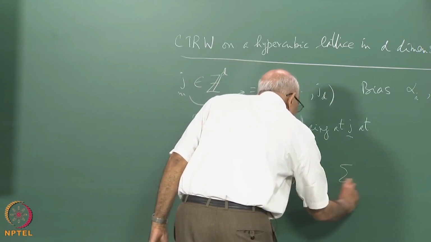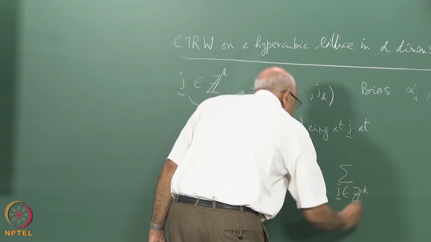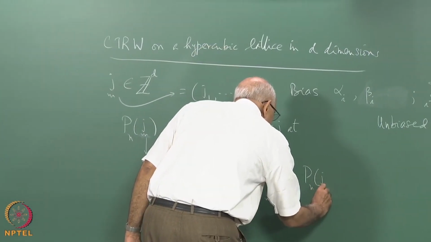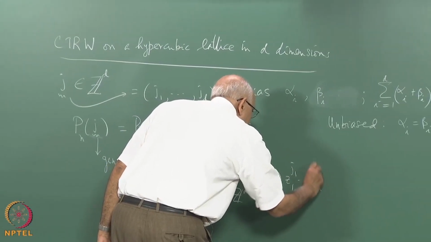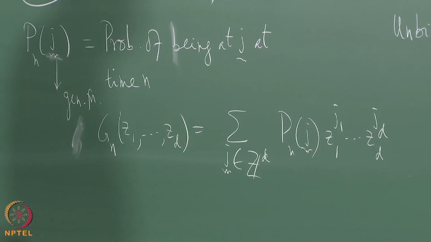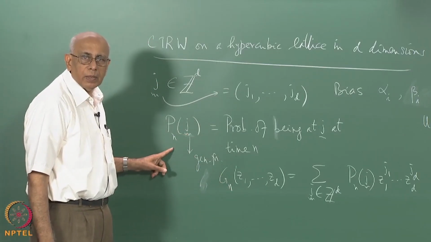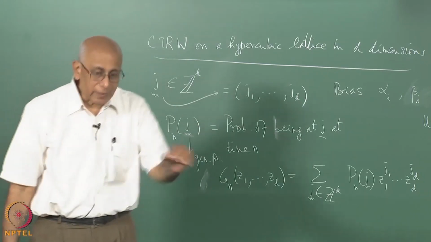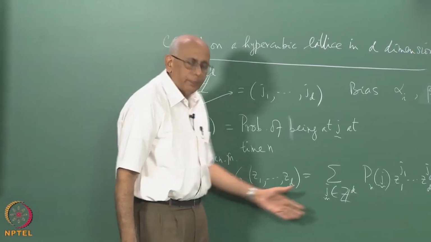This is equal to a summation over all components of j, elements of Z to the d, over all the integers for each component, Pn of j times Z1 to the J1 dot dot dot ZD to the JD. That is the generating function. What is the random variable here? J is the random variable. You are given a time and the components of J are random integers. You want to know which site you ended up at, etc. And this is the generating function.